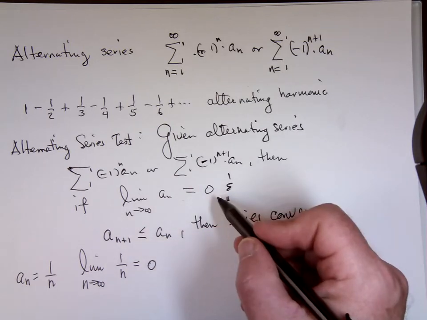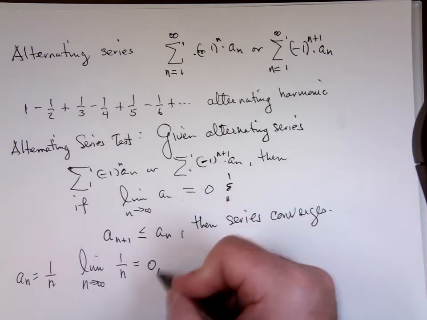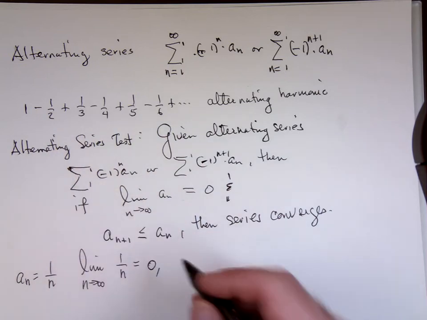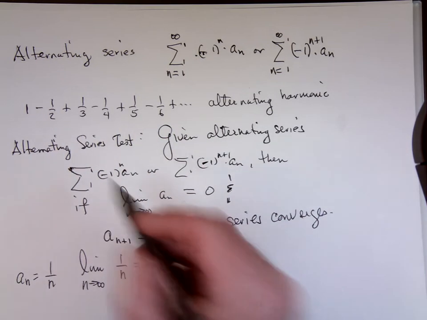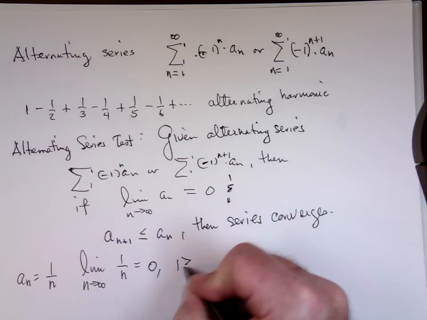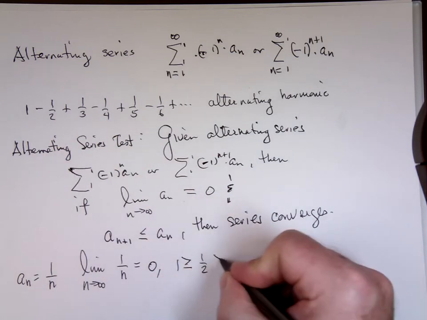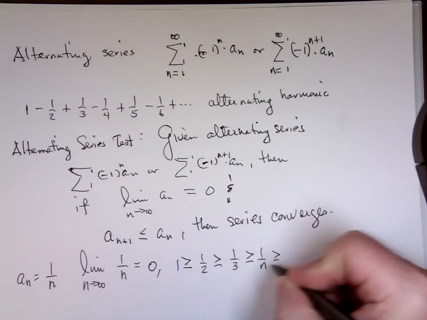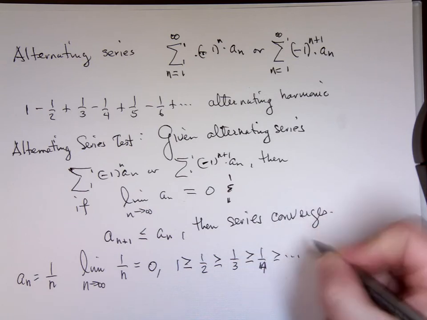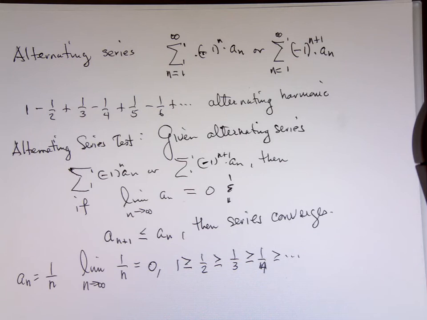Is it true that the terms are decreasing? In other words, that term is greater than or equal to the next term, which is greater than or equal to the next term, etc. And the terms are indeed decreasing. Given that the second condition is met, that alternating series converges.